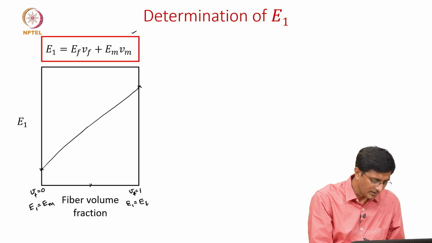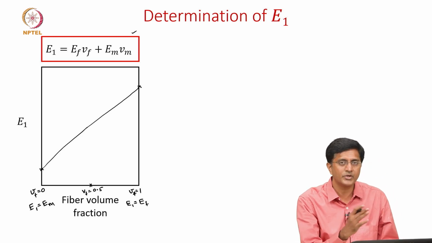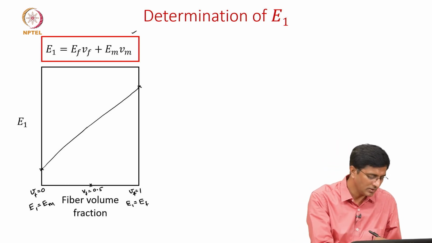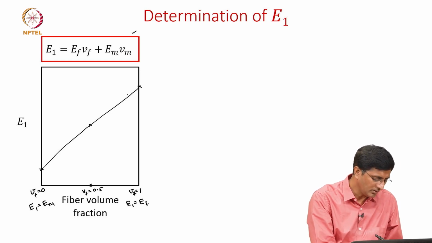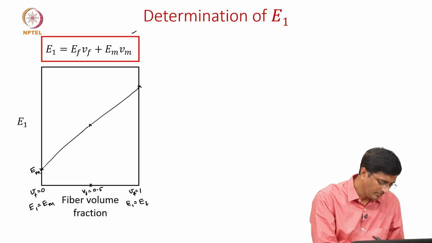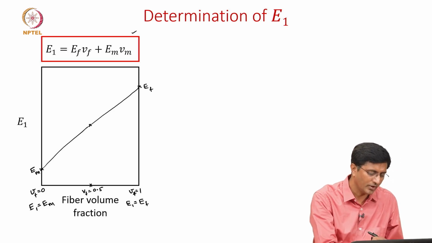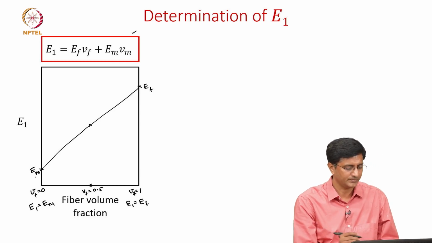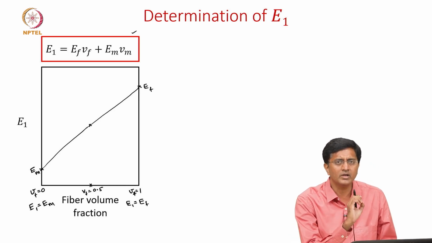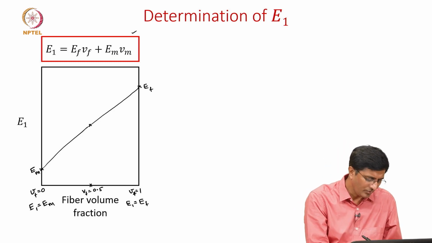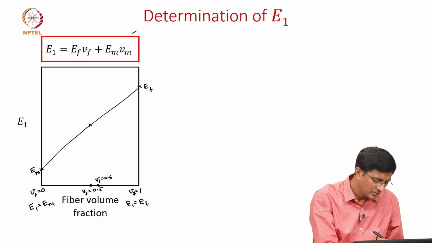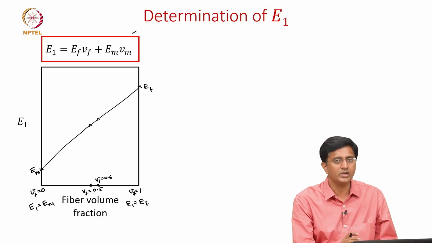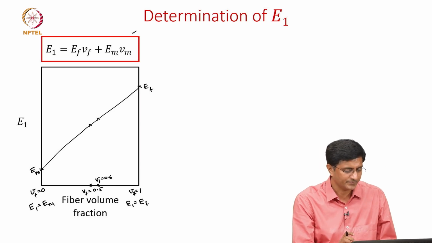So let's say Vf is equal to 0.5, meaning there are 50% fibers and 50% matrix material, then the value of E1 is midway between Em and Ef, the matrix stiffness as well as the fiber stiffness. And most often in practical situations, we have Vf around 0.6. So this is what we commonly see in practice.